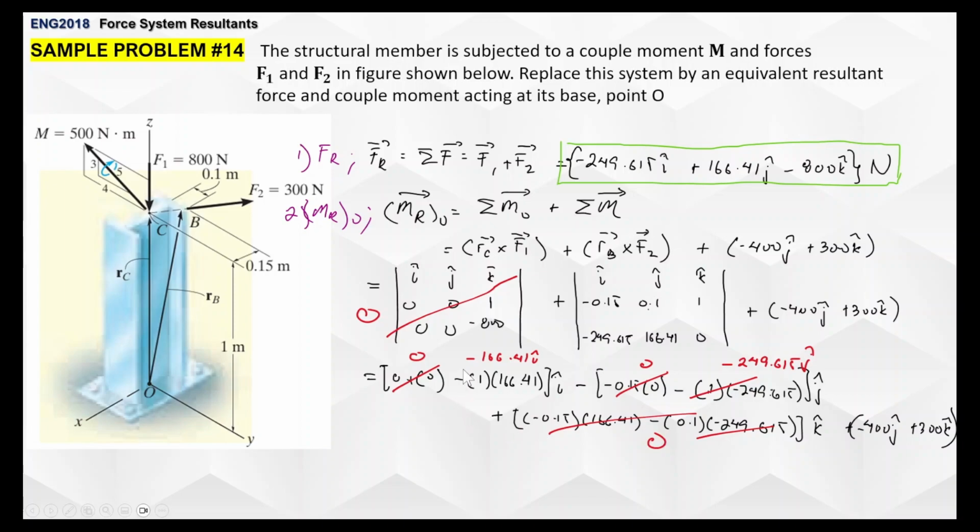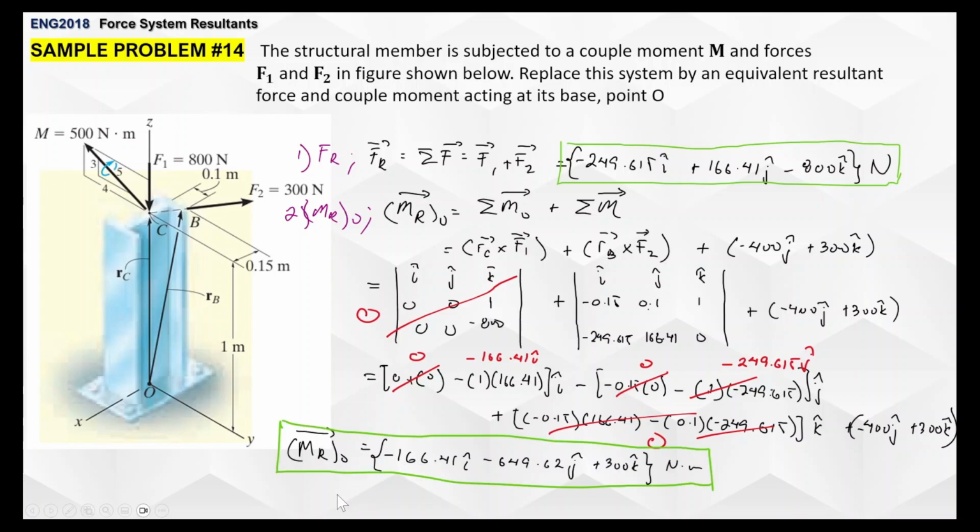All you're left with is negative 166.41 i hat, negative 249.615 j hat, and then plus negative 400 j and then plus 300 k. Simplify further, you will yield the answer of the resultant moment in Cartesian vector notation as negative 166.41 i hat minus 649.62 j hat, and then plus 300 k hat Newton meter.